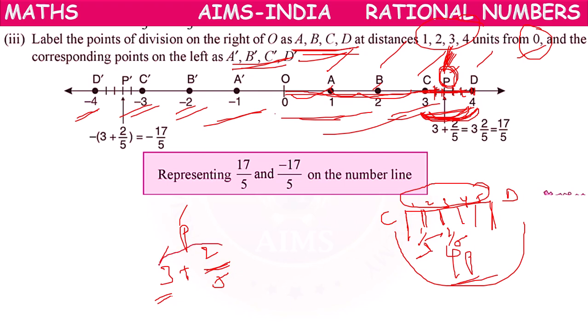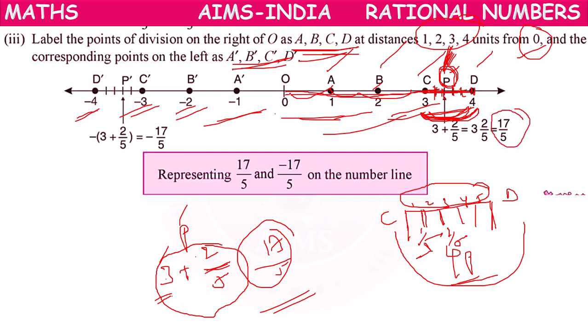So the value of P will be 3 plus 2 by 5, which is 3 times 5 is 15 plus 2, so 17 by 5. In this way, we can represent any rational number on the number line.